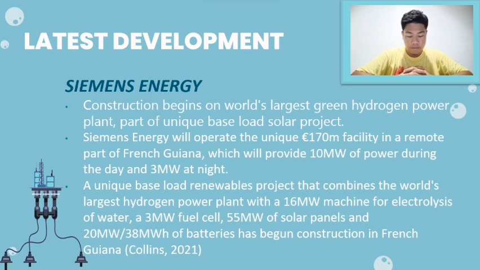The hydrogen fuel cell here is rated at 3 megawatts. Yung majority of this power plant output is the solar panel, which is 55 megawatts, and 20 megawatts from its reserve capacity, which is the cell of batteries.